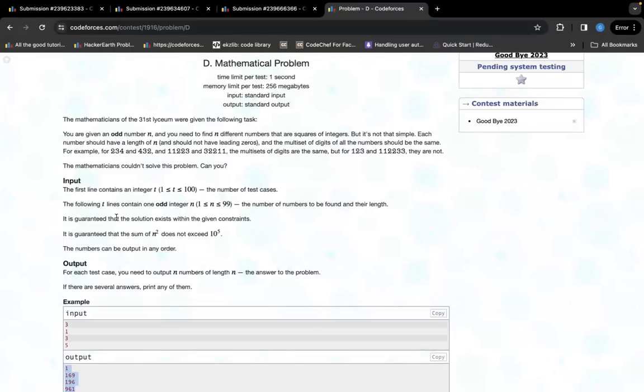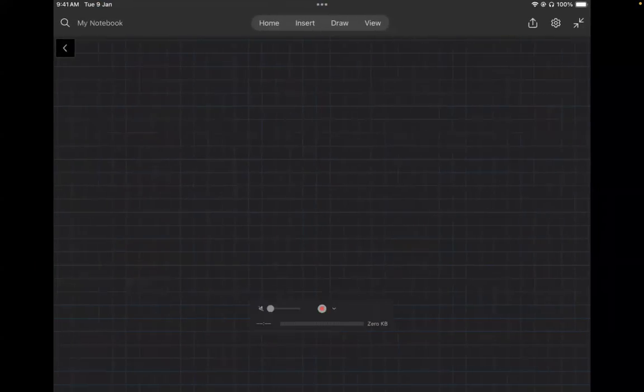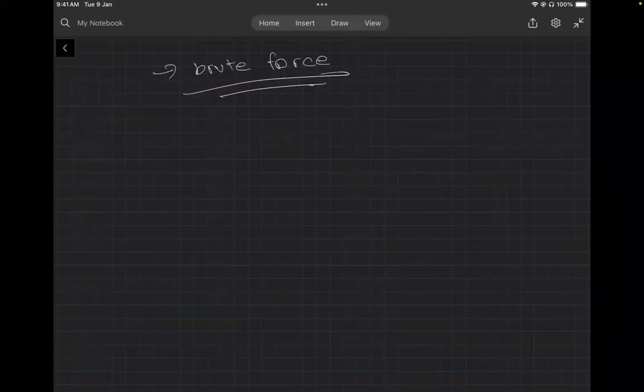So how do you go about solving this problem? In such problems, your approach should be to write a brute force. You could do this mathematically as well. I'll tell you the mathematical solution in a bit, but I'm just sharing a general strategy.